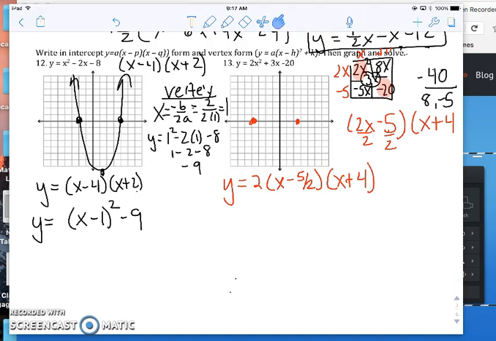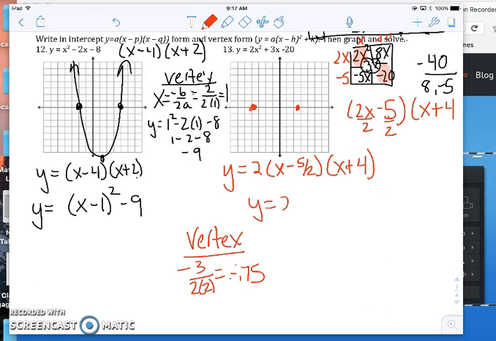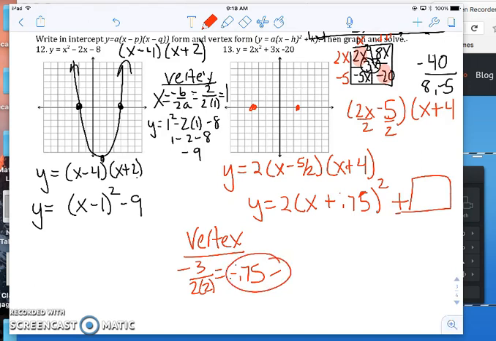And then we have to find the vertex. So let's see. Vertex, the opposite of b over 2a, so -0.75. And then this would be a calculator one. So you could plug that in, and I don't have one at the moment, but we know that this is x plus 0.75 squared, and then you have to plug in to find the y, the value that would go right here. You plug that 0.75 into your equation.